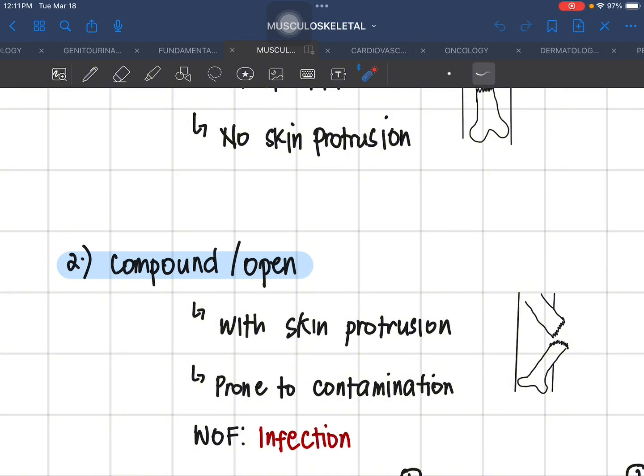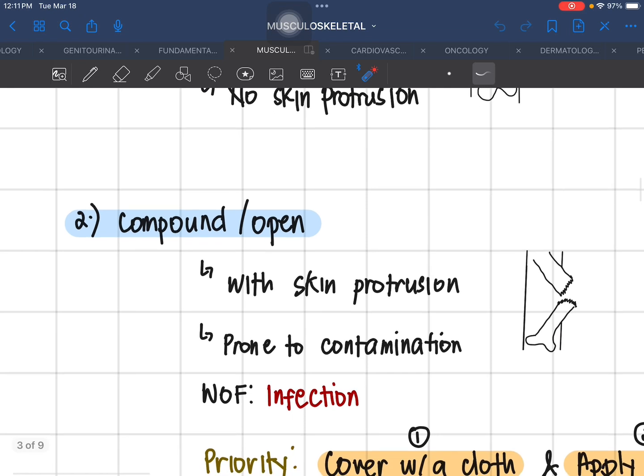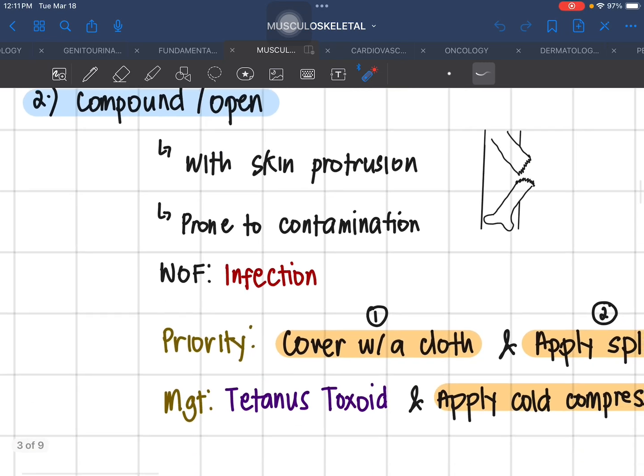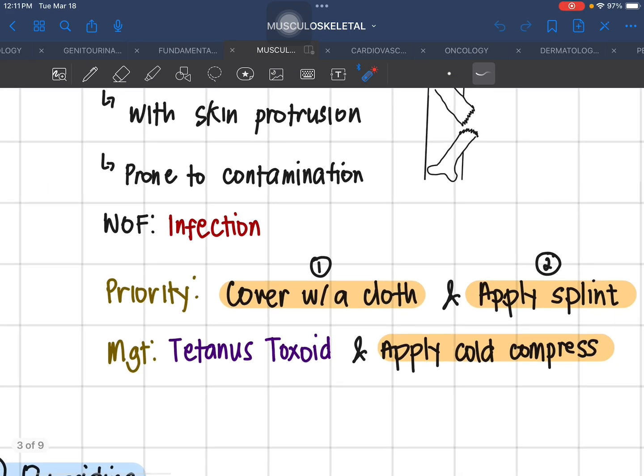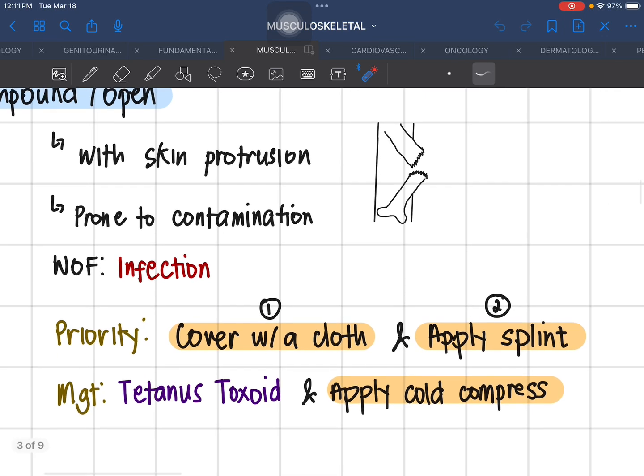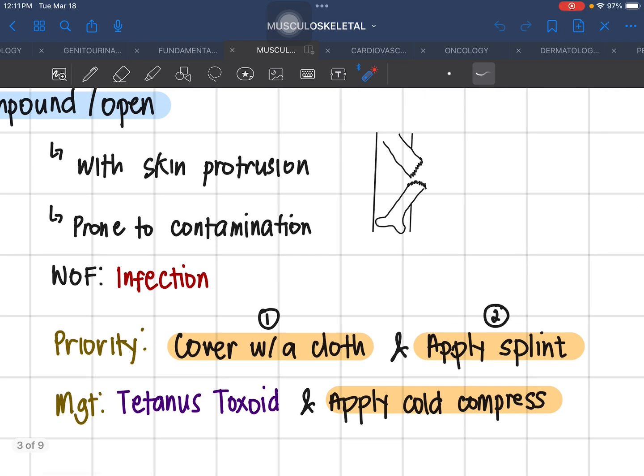So, of course, dahil open siya, prone siya sa infection. Tatandaan natin na kapag open yung fracture o compound fracture, it is prone to infection. So, ang priority natin, of course, is to cover with a cloth, and also to apply splint, immobilize.